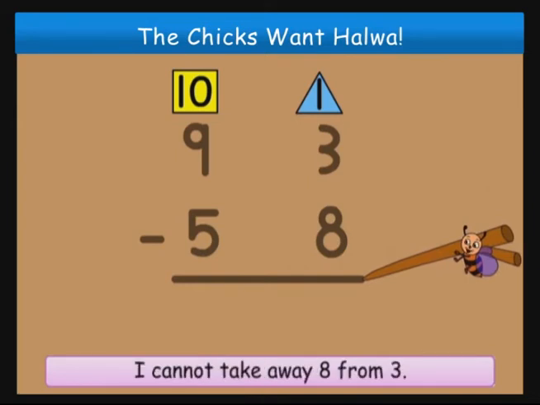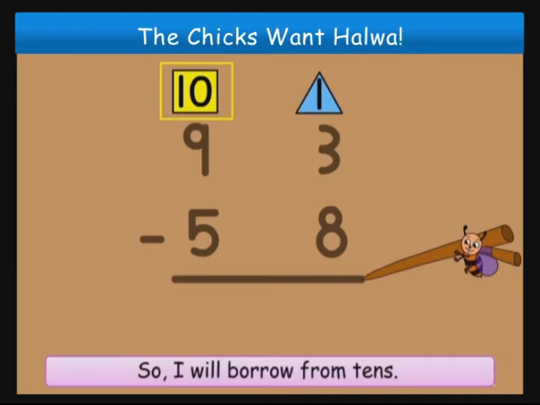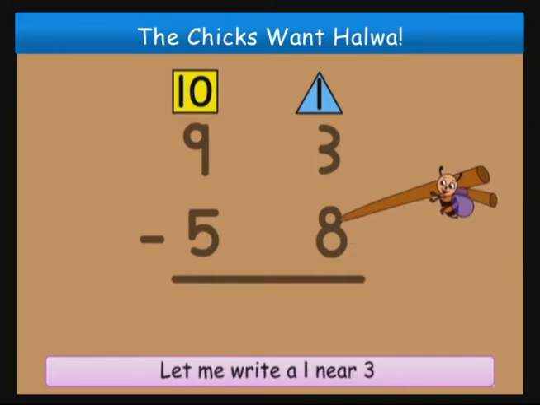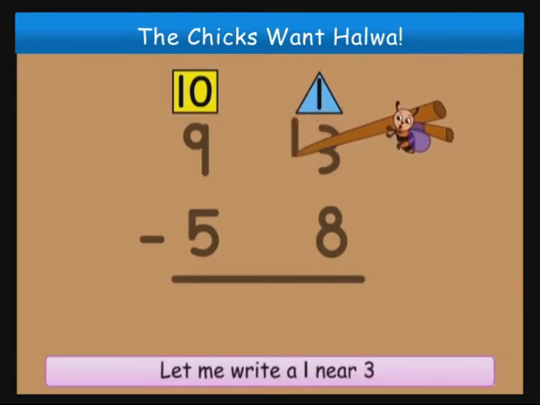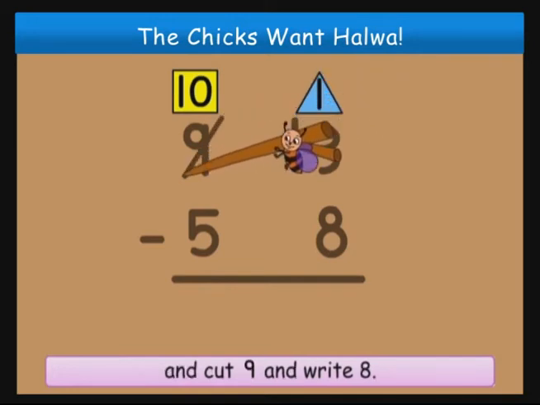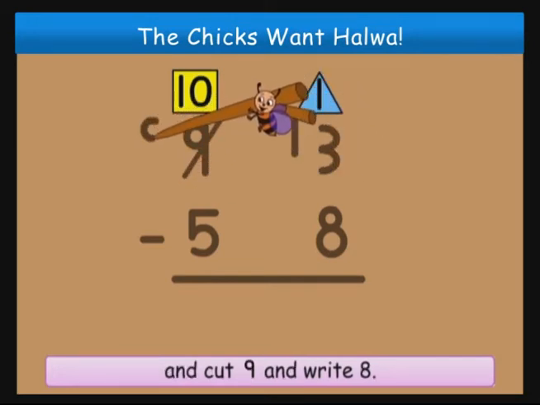I cannot take away 8 from 3. So I will borrow from tens. Let me write a 1 near 3 and cut 9 and write 8.